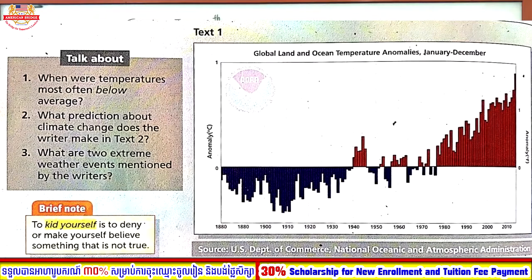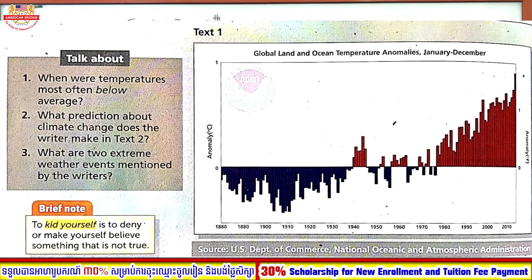Text 1 is about the global land and ocean temperature anomalies from January to December. What you see is the years starting from 1880 until 2010. In 1940, the temperatures were most often below the average.